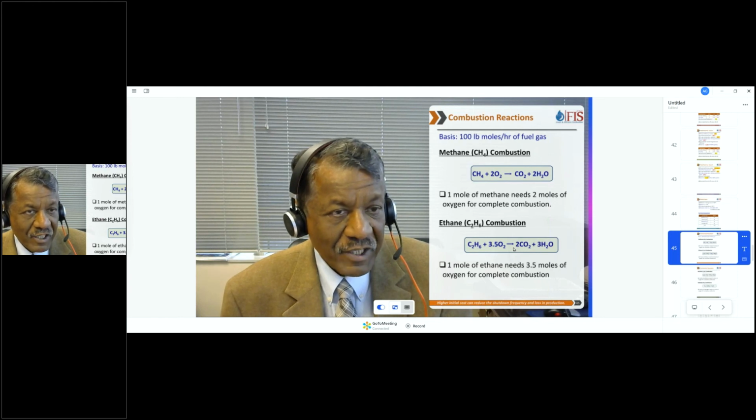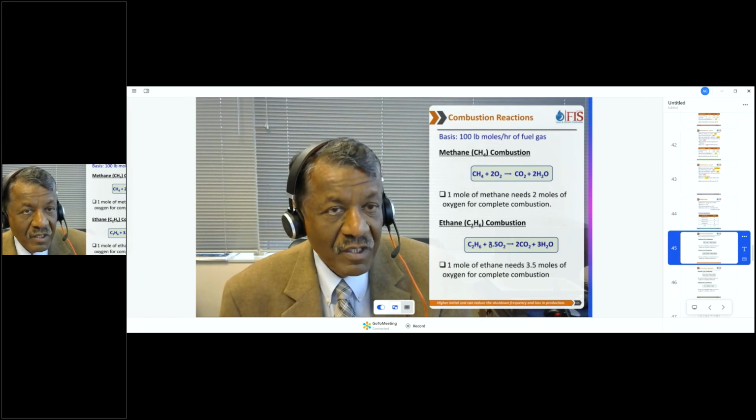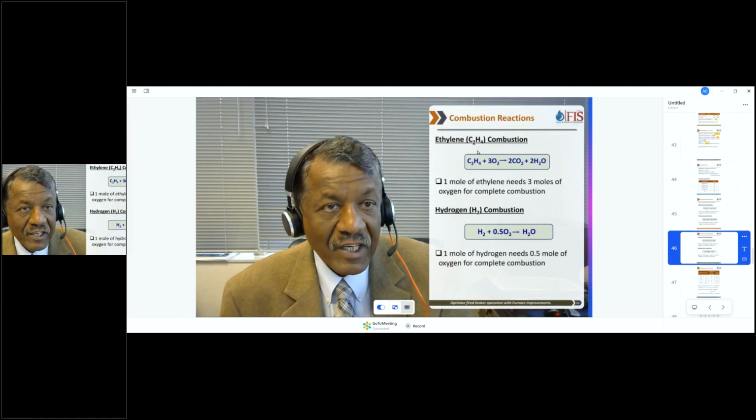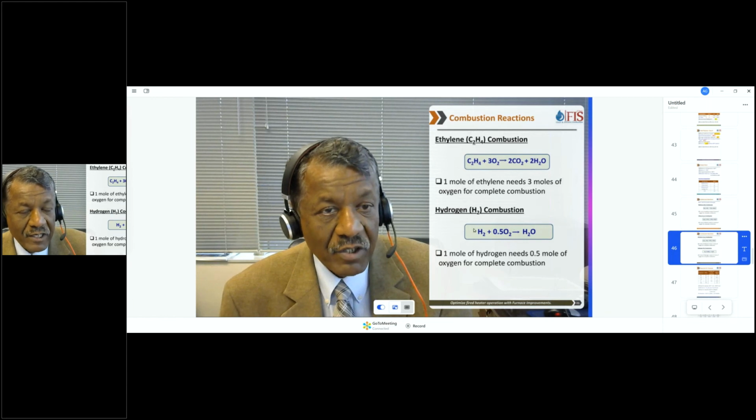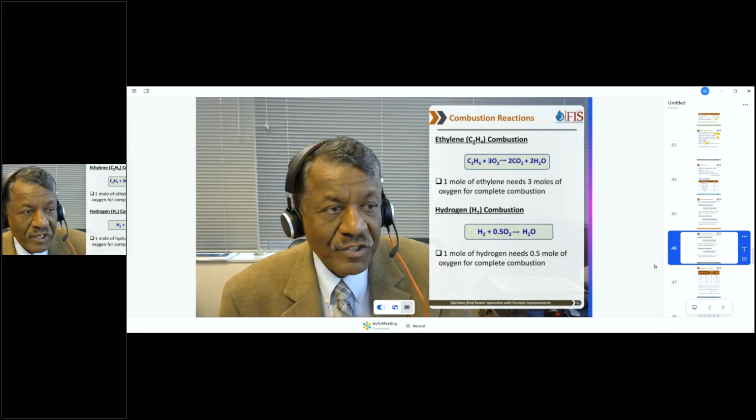Ethane also gets converted, but if you look at the differences in how many moles, methane needs 2 moles, ethane needs 3.5 moles. Similarly, ethylene needs 3 actually, and hydrogen needs 1. So we write these individual equations, and then we do these stoichiometric calculations.